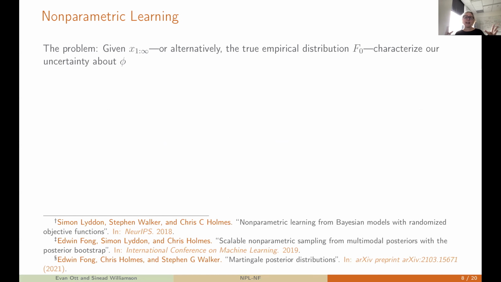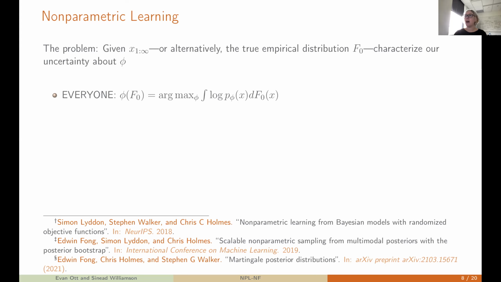So if my problem instead is I've got infinite amounts of data, or alternatively, assuming these are IID samples, I know my full data generating distribution F0, then everyone agrees. We don't have any uncertainty left. We know what phi is.